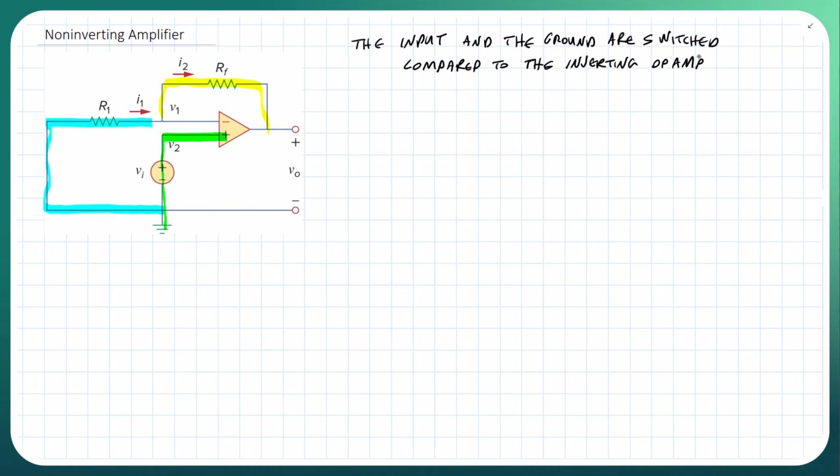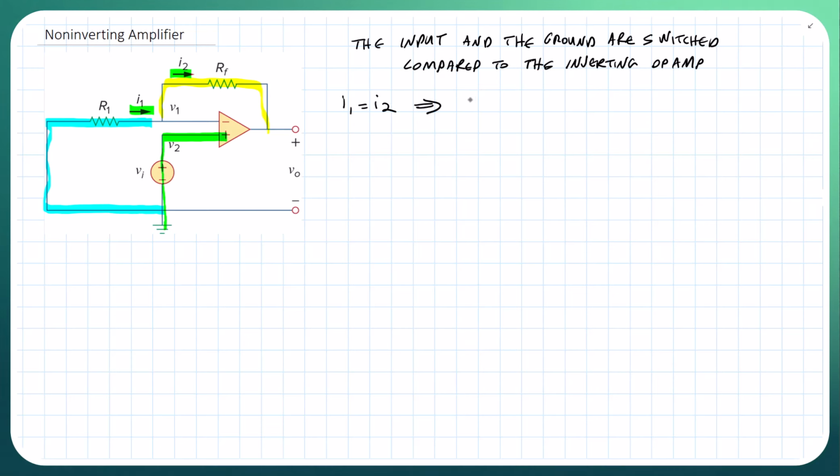Now we can apply KCL. We see here that I input is going to equal I output, or I1 is equal to I2 in this case. You can name it whatever you'd like. So we know I1 equals I2.